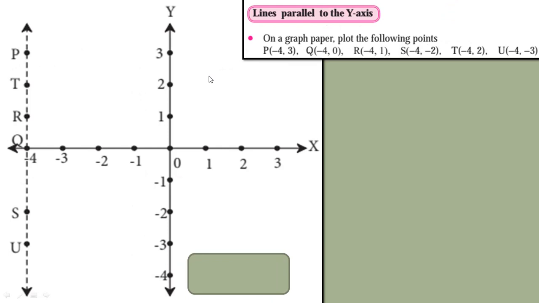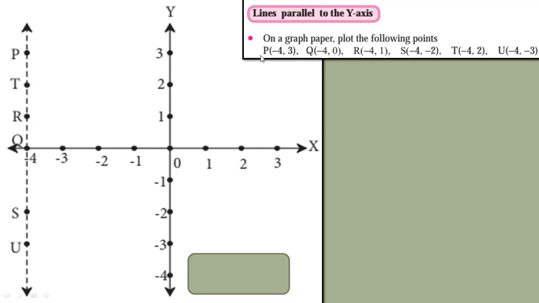Then for a line parallel to the y-axis, in the same way we'll locate these points, P, Q, R, S, T, U. Here also you observe the x coordinate of all these points is the same, that is -4. So draw one line parallel to the y-axis, crossing the x-axis at the -4 location.